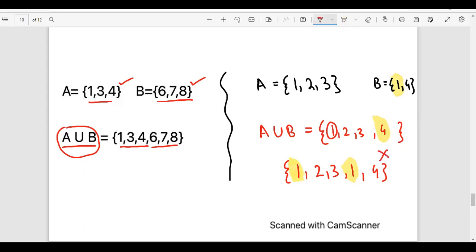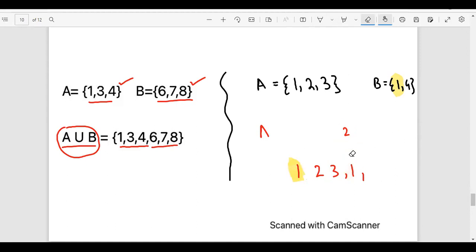This definition gets violated. Therefore, whenever we are supposed to write down the union, if any element is repeating, we are going to write it down once only. We would not be writing it down again because that would violate the definition of a set, right? Yes, ma'am, got it. Understood. Okay, I'll just talk about one more example because this is important.